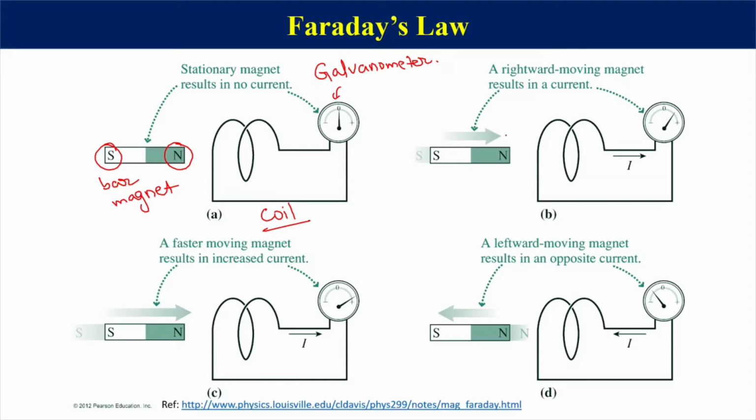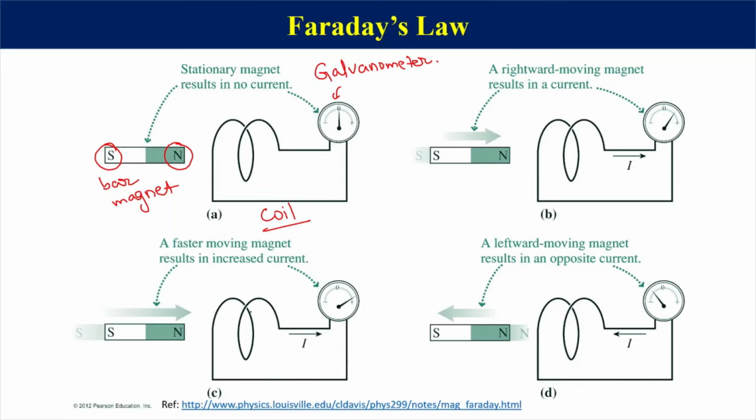Quite similarly, whenever you have a faster movement of the magnet towards the coil, the galvanometer shows even further deflection. That means whenever the velocity of the magnet towards the coil is high, the galvanometer shows much more deflection, which means the current flowing through this coil is also high.